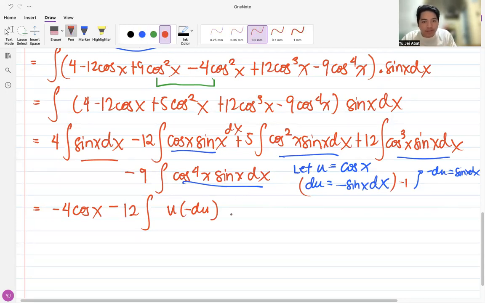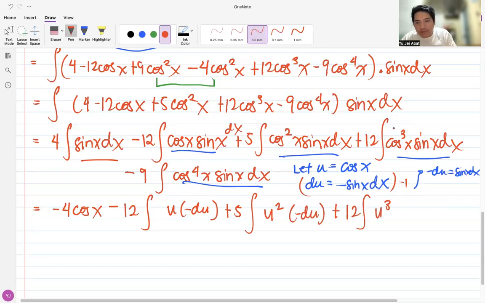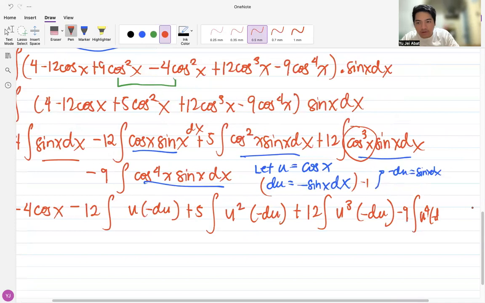Then we have plus 5, we have u squared, since sine of x dx is still negative du, plus 12 u raised to 3 because of this, then negative du. And then finally, we have negative 9 integral of u raised to 4, then negative du also.